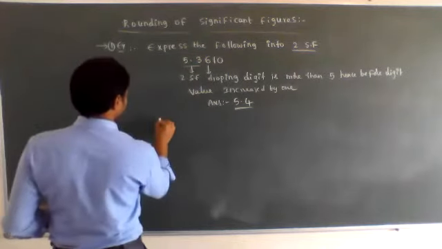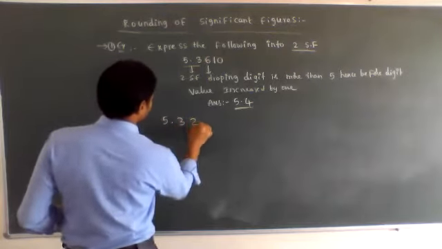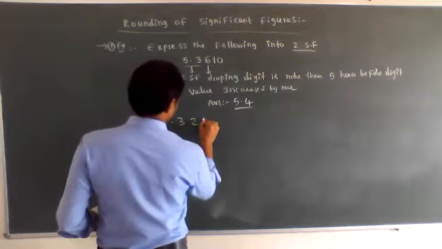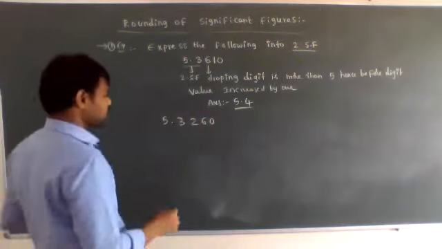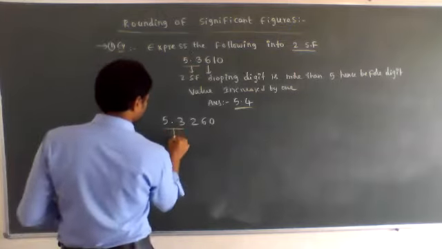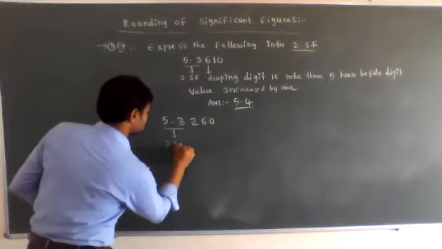For example, 5.3260, like that they gave a number. We have to round off the answer into two significant figures. These are the two significant figures.